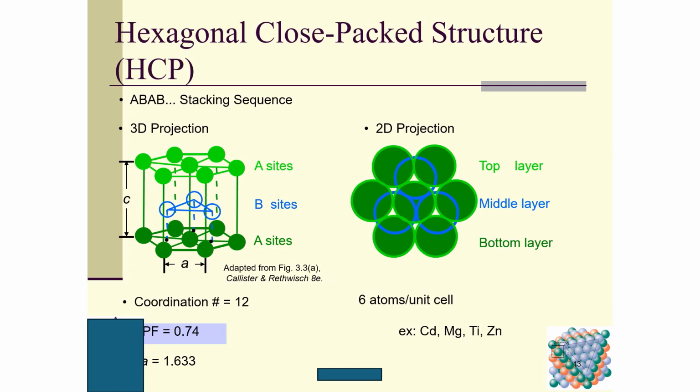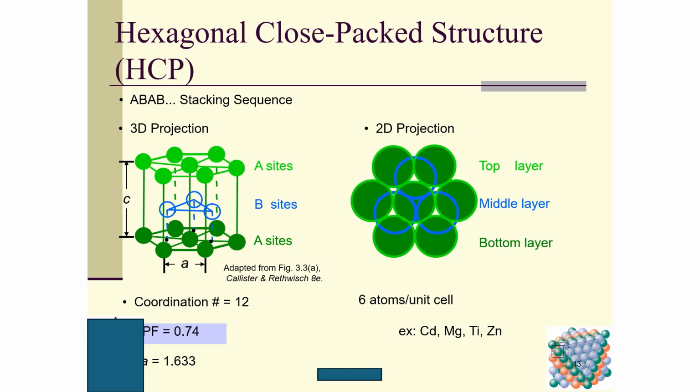Okay, this is C. For this cell, we can calculate that we have 6 whole atoms within the unit cell. As I talked about before, please note that all these atoms are identical, and we use different colors for the atoms and for the bonds between them just for viewing purposes.